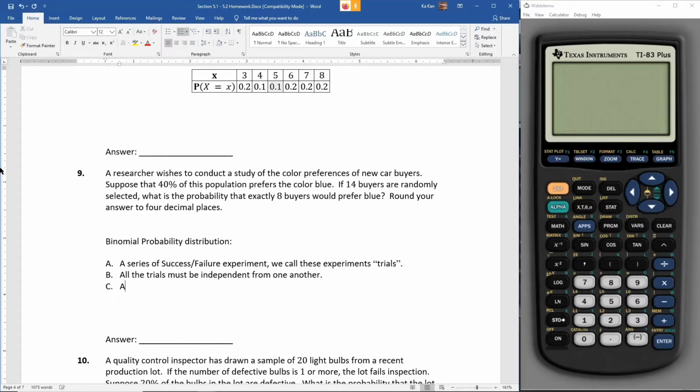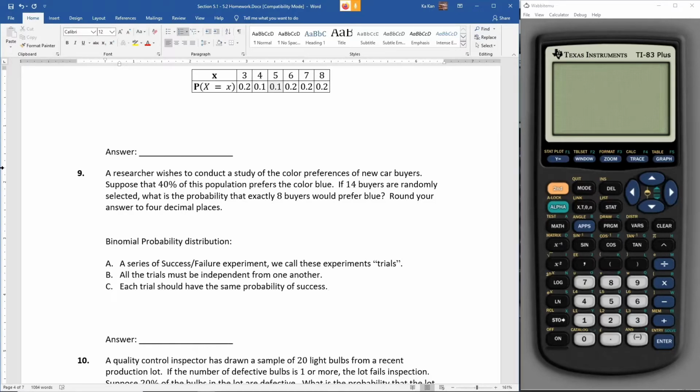C. Each trial should have the same probability of success. So what does that mean? If I flip a coin, I can flip the coin 10, 15, 20 times.